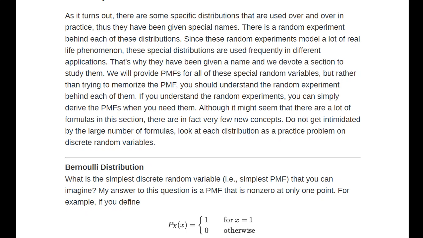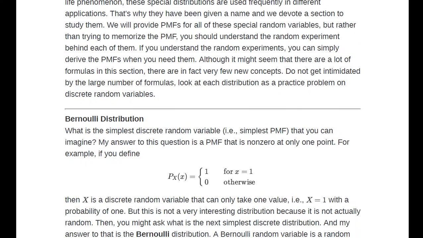Although it might seem that there are a lot of formulas in this section, there are in fact very few new concepts. Don't get intimidated by the large number of formulas. Look at each distribution as a practice problem on discrete random variables. The first distribution is Bernoulli distribution.